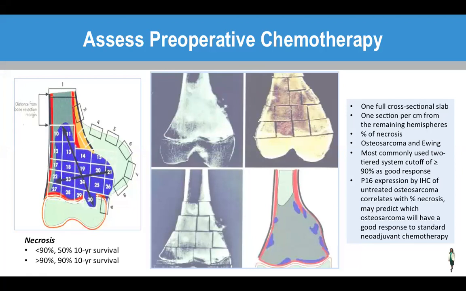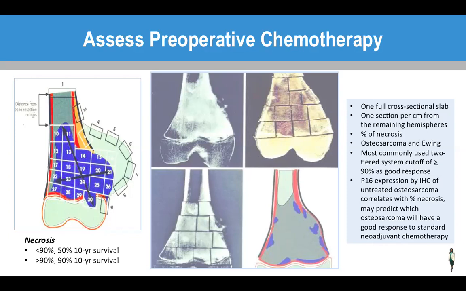It is important because it has prognostic value. When the necrosis is less than 90%, the 10-year survival is 50%. What we want to achieve is greater than 90% tumor necrosis, then the 10-year survival is greater than 90%.